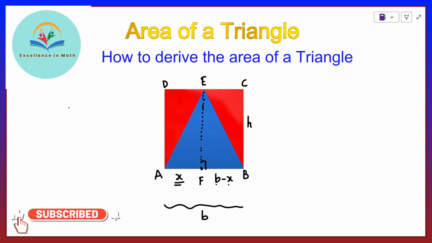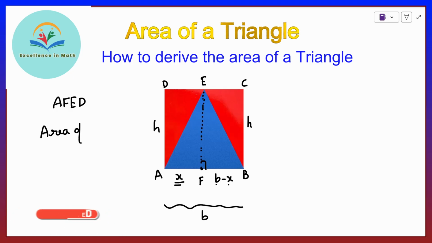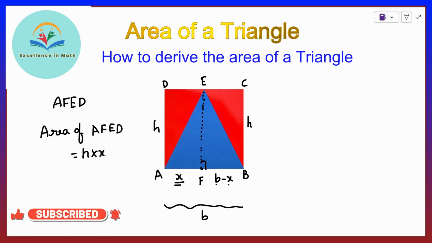Clear? Now let's try to see two rectangles in this. The first rectangle is AFED. The area of this rectangle, as the height is H, is H times X. Am I right? And if you observe, the diagonal always divides a rectangle into two congruent triangles, right?